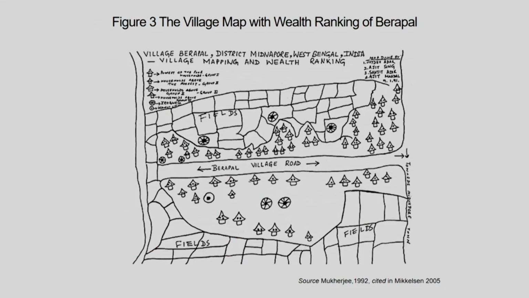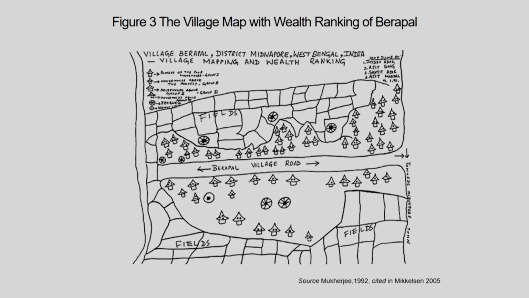Let us also look at this village map. This is another method of scoring and ranking that is generally used for coming up with participatory results. Now, this is something that social anthropologists have long used in the case of wealth ranking of various places.